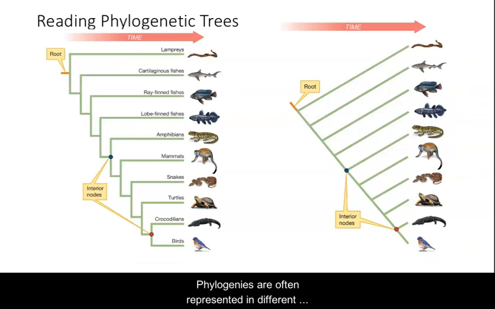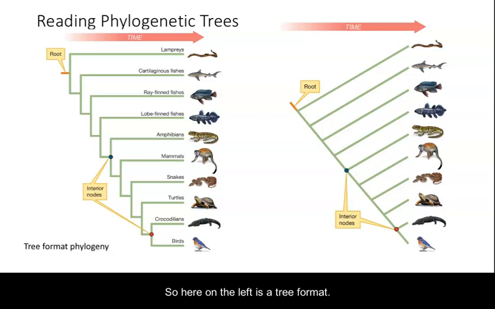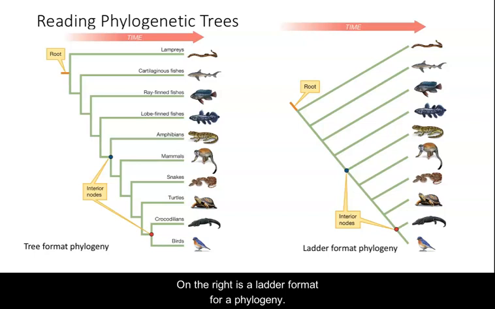Phylogenies are often represented in different formats, but are read the same way. Here on the left is a tree format, and on the right is a ladder format for a phylogeny. And the interpretation of each of the trees shown here is identical.